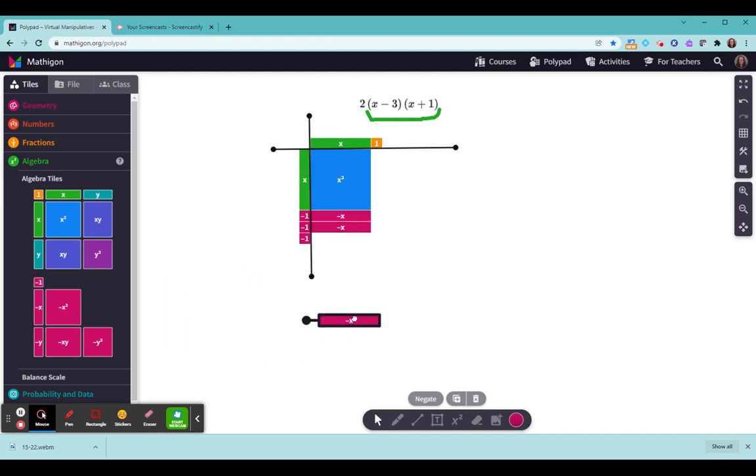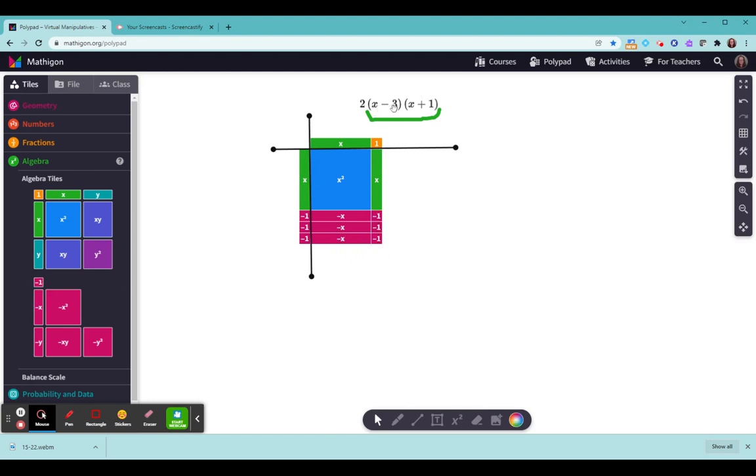Or if we were thinking about it all together, x times negative 3 gives us negative 3x. And then x times positive 1 gives us positive x. And then 1 times negative 3 is going to give us negative 3, which we have in 3 negative 1 parts.